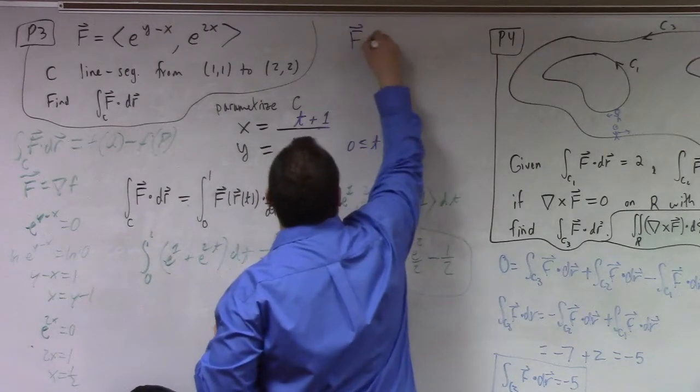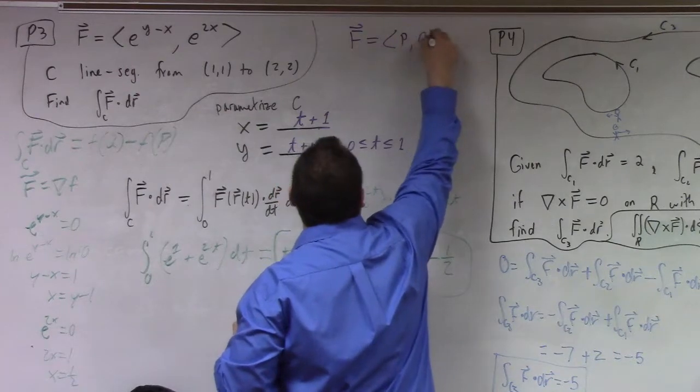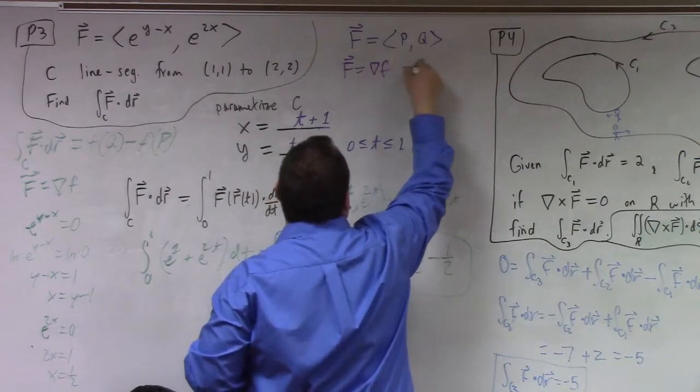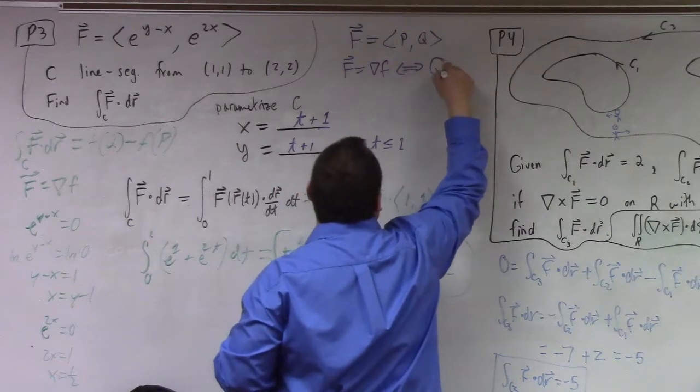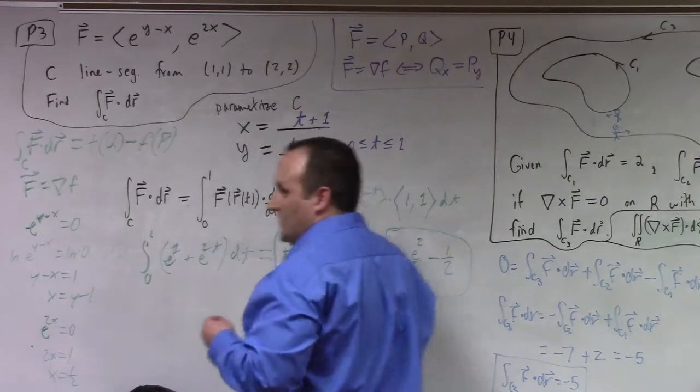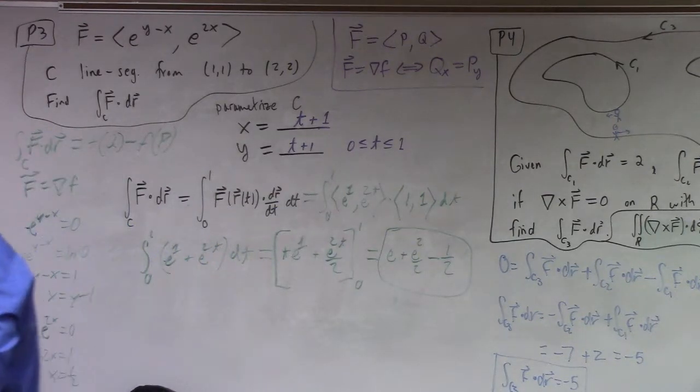If we have a 2D field, P, Q, then it equals the gradient of f if and only if Q_x equals P_y. This is the two-dimensional conservative check. That amounts to checking that the curl of the vector field P, Q, 0 is trivial. Because if you have P, Q, 0, the only non-trivial component of the curl is the third component, and the third component of the curl is Q_x minus P_y.